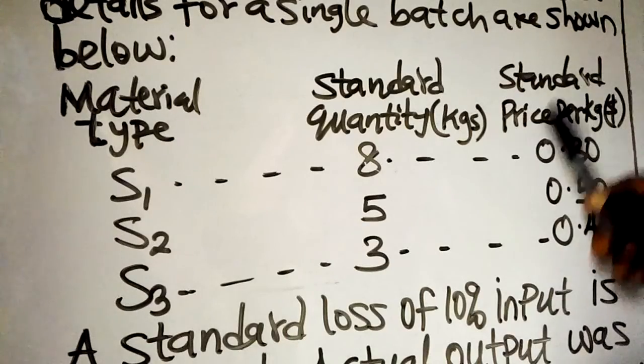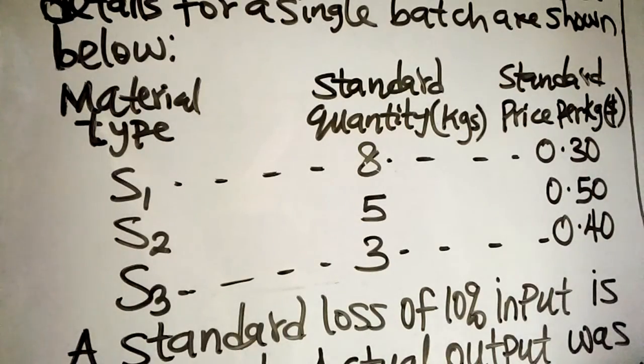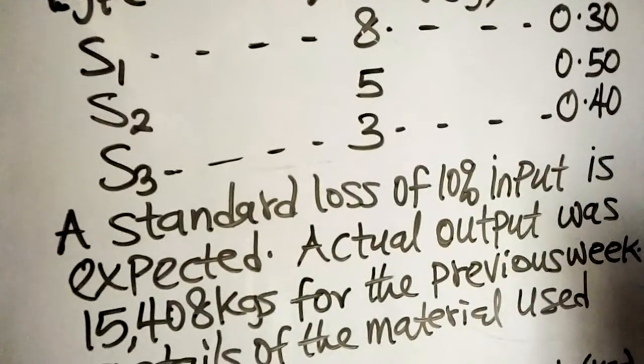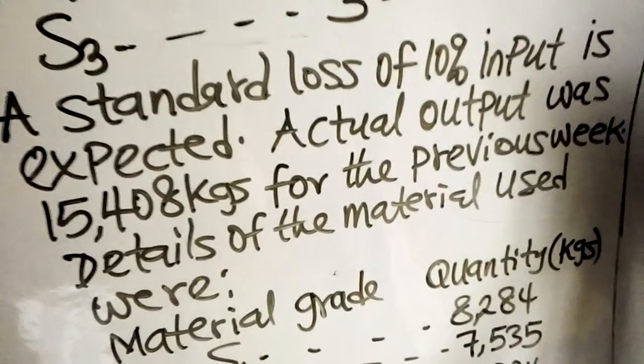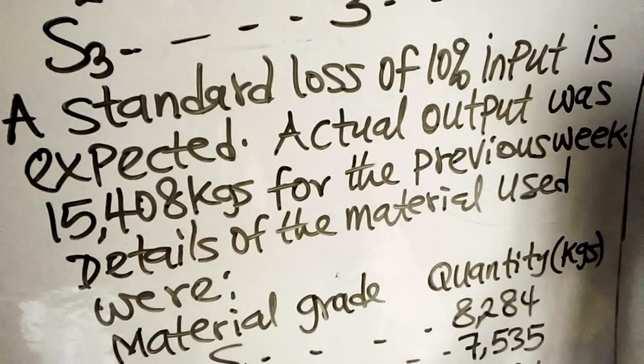We also have the standard price per kilogram in dollars: 0.30 for S1, 0.50 for S2 and 0.40 for S3. You were told that a standard loss of 10% of input is expected. Actual output was 15,408 kilograms for the previous week.